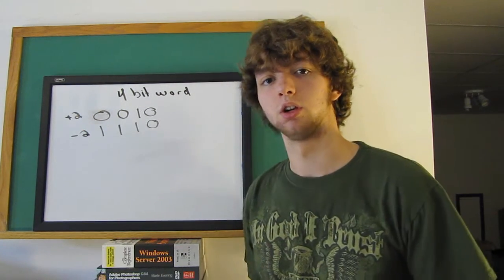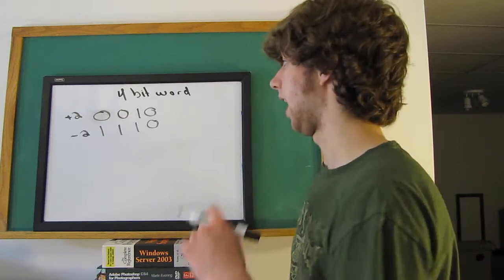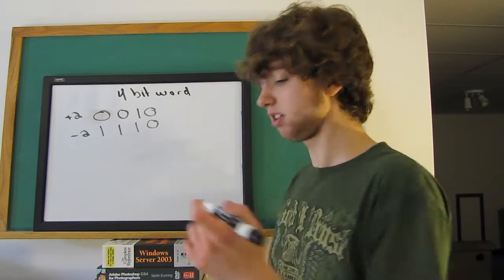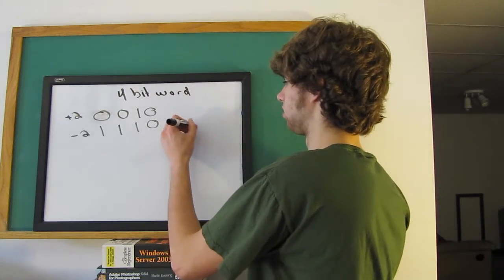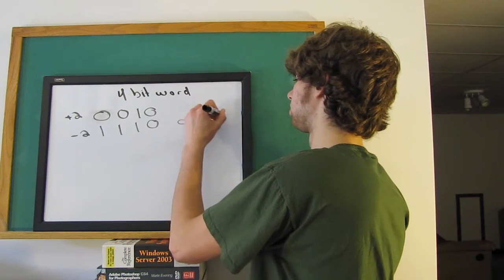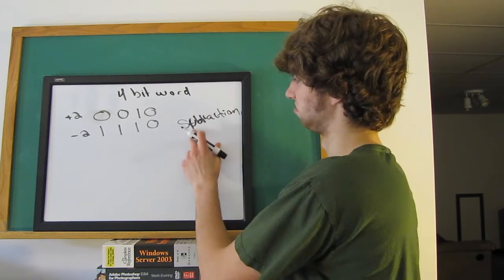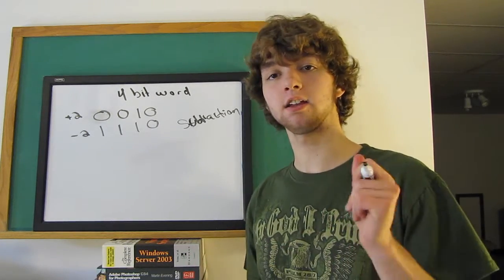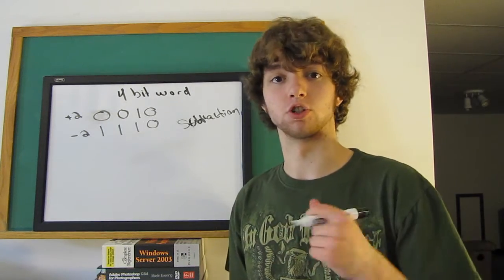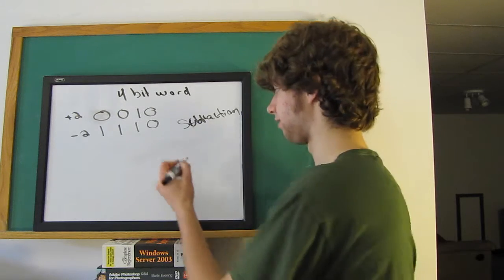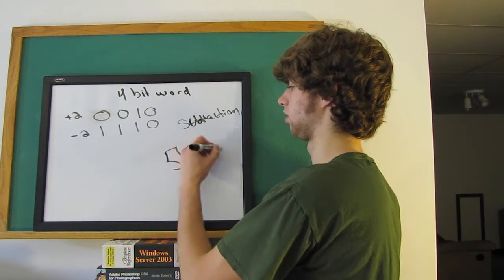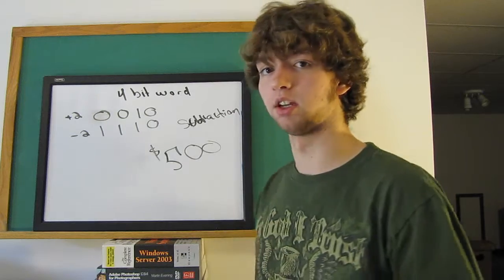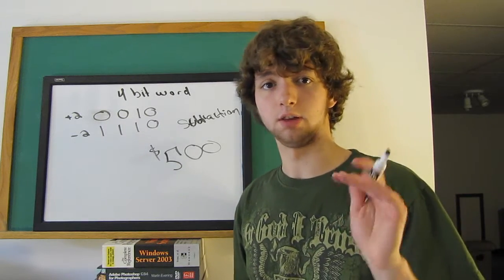So how does that work? Well, if you know much about math, adding a negative is basically the same thing as subtraction. Basically, you can think of this as adding, for example, let's say I have $500, or whatever currency you're using in your country, in my bank.